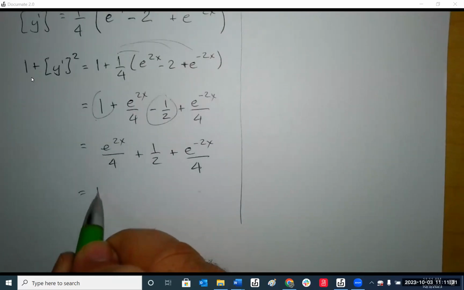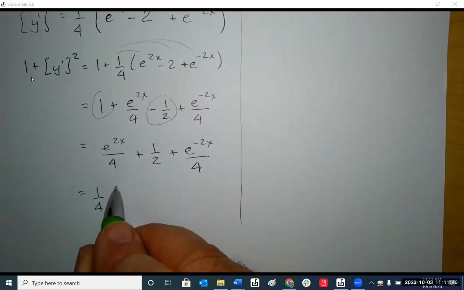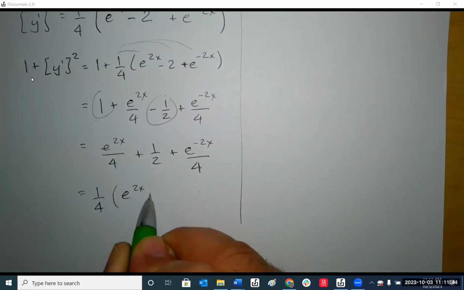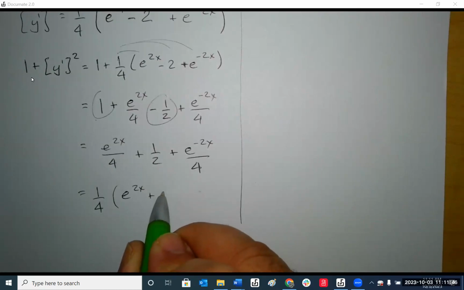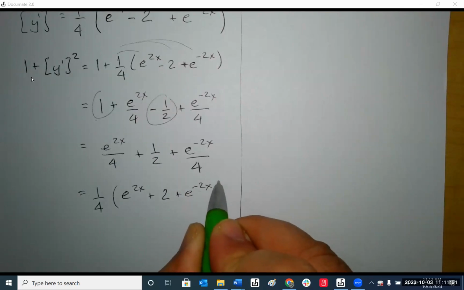So if I factor out a 1/4, I got e 2x plus 2 plus e negative 2x.